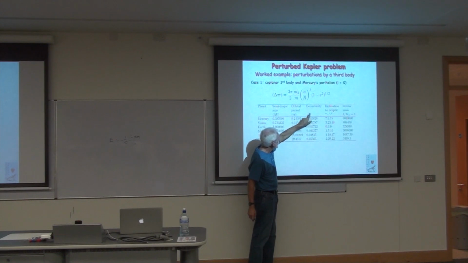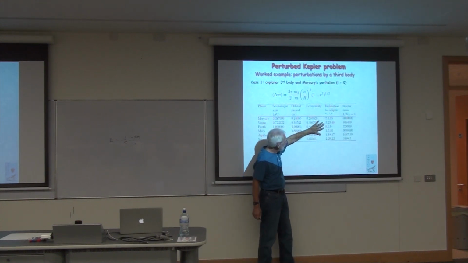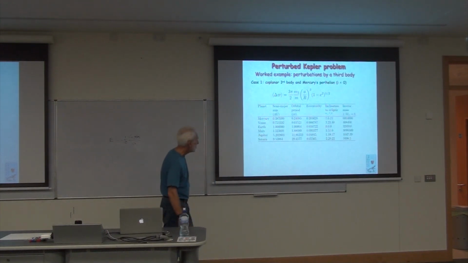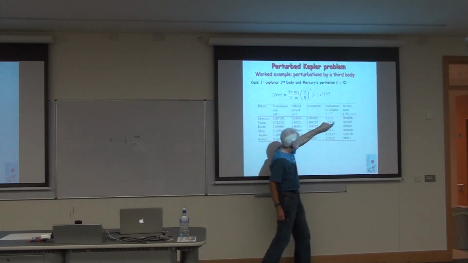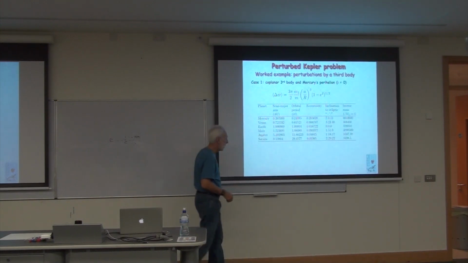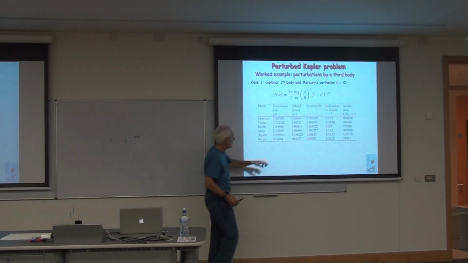Mercury's orbit is 0.2, so it's a hefty eccentricity. Notice all the inclinations are rather small, so that's why we're choosing them to be 0. If you want to be more fancy, you could worry about those effects. And the mass of each planet is here. It's the inverse mass in units of the solar mass. And here's the orbital period.